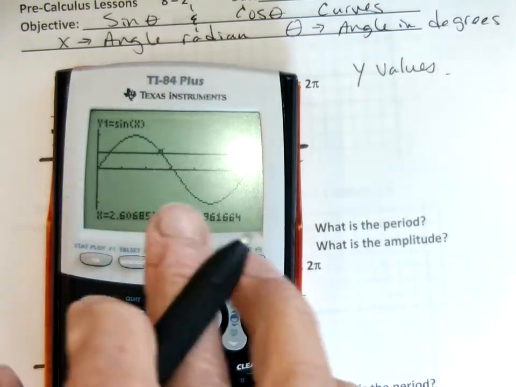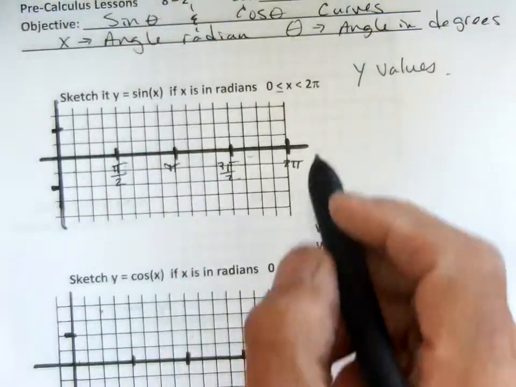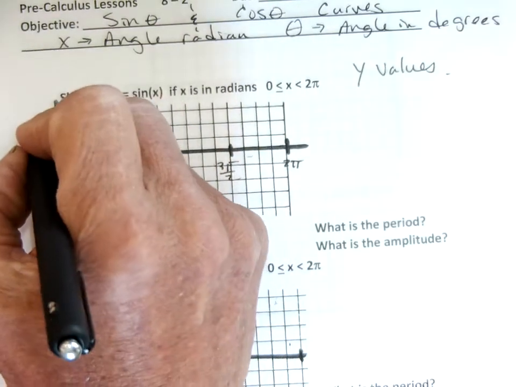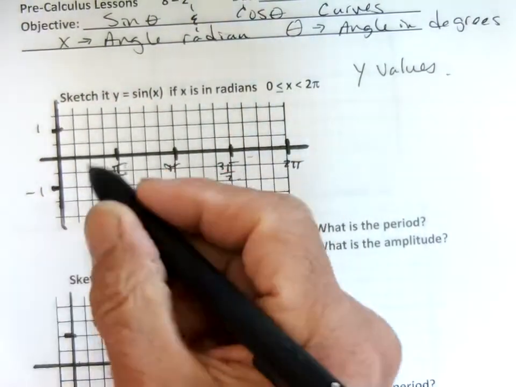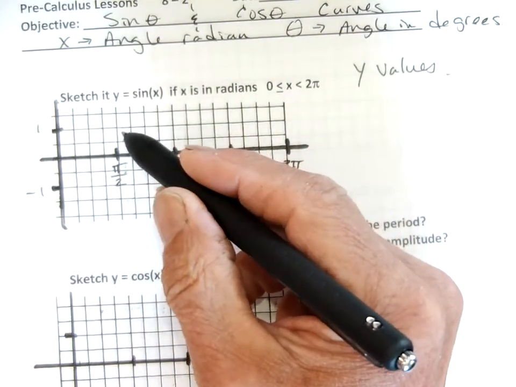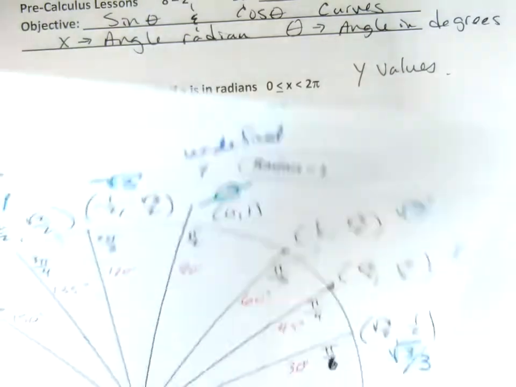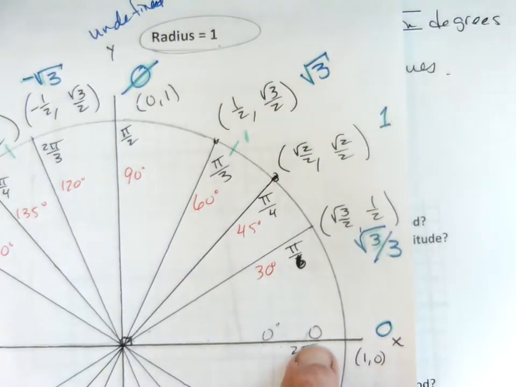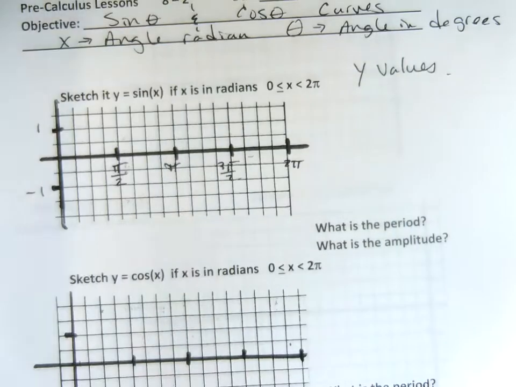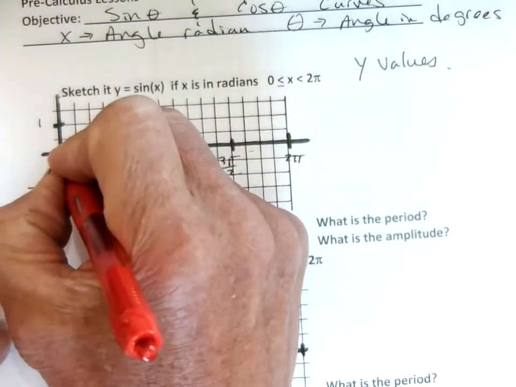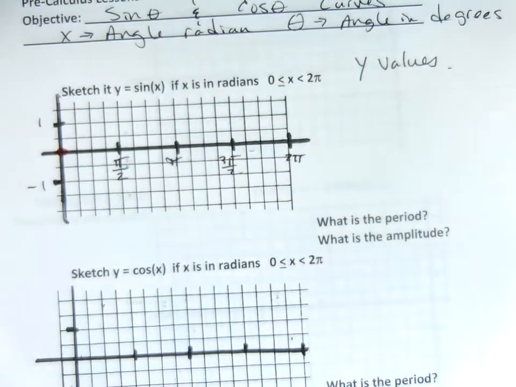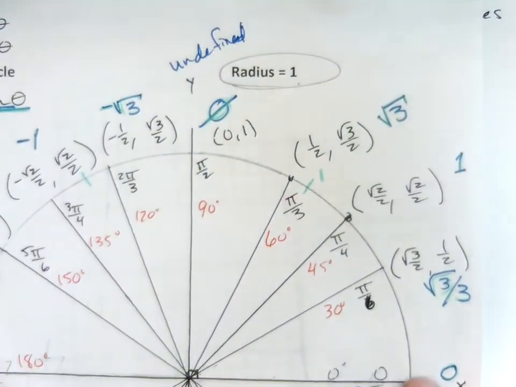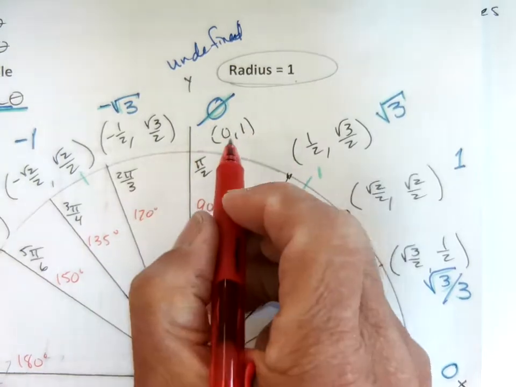So let's make this on this, okay? Here's what I know. 1, negative 1. That's the highest my sine goes, because it's the y values, right? I do know at 0 degrees or 0 radians, the y value is 0. So I'm going to have a point at 0, 0. I know at pi halves, the y value is 1. You guys see that?